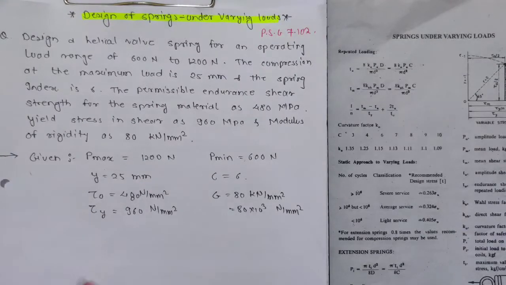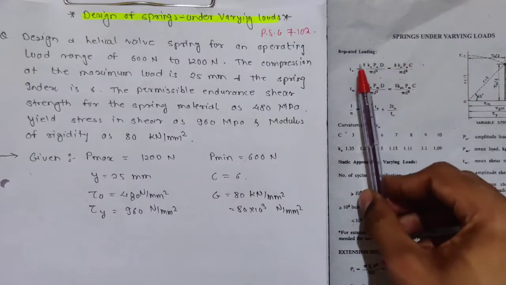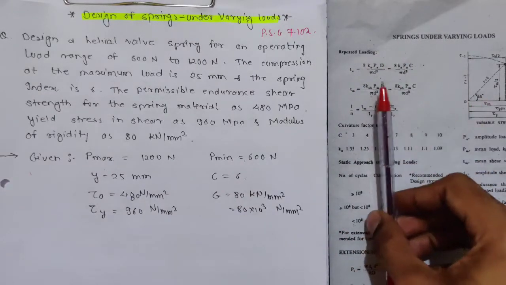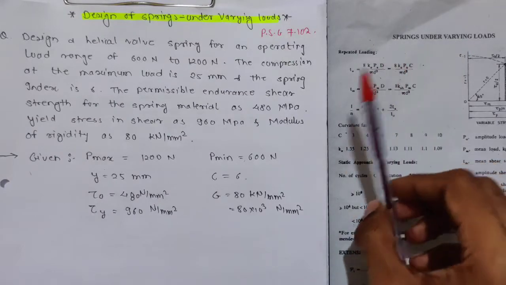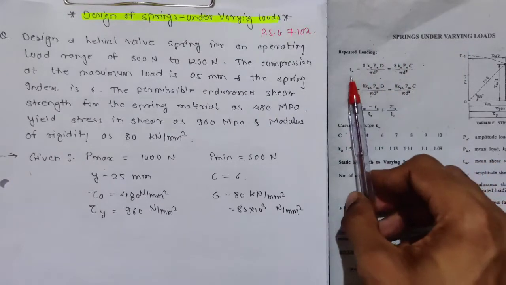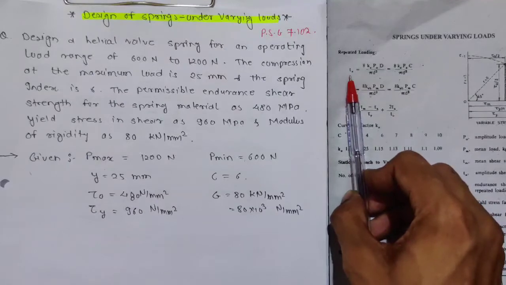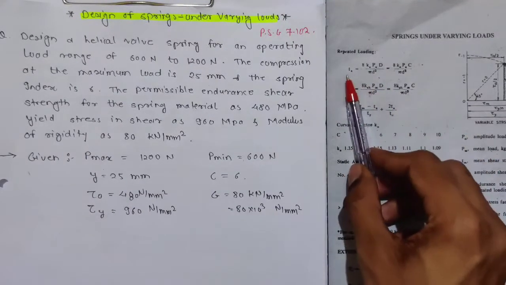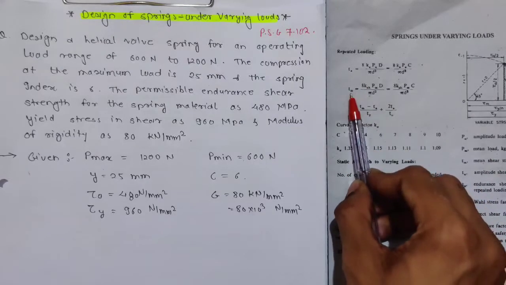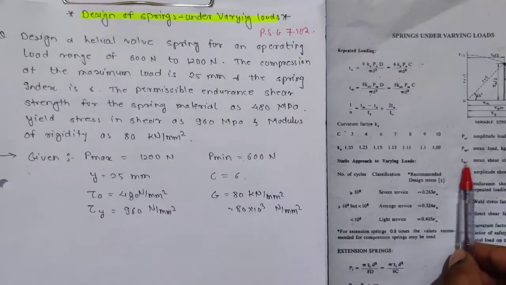So let's move to the answers. First see here in this PSG, almost all formulas to solve this problem are given. First thing, this is tau A, which is the amplitude shear stress, and tau m is the mean shear stress.